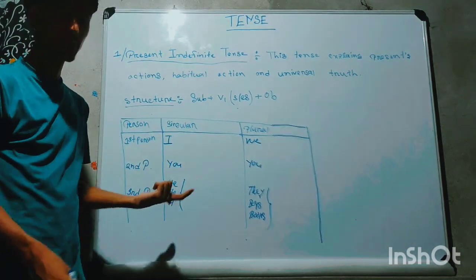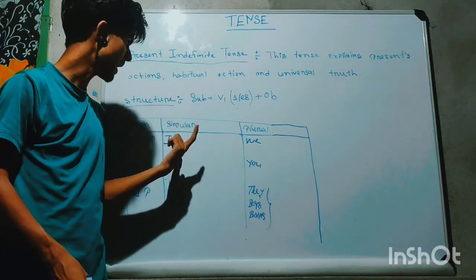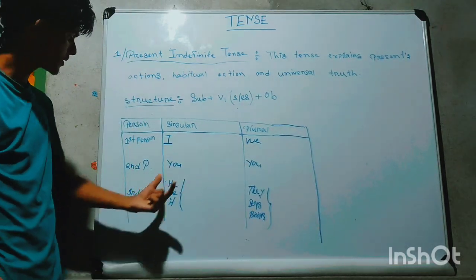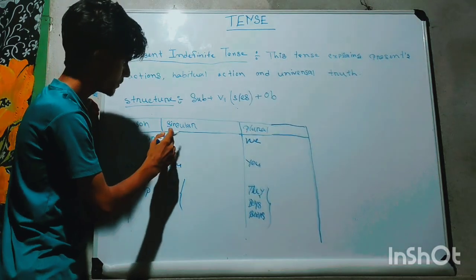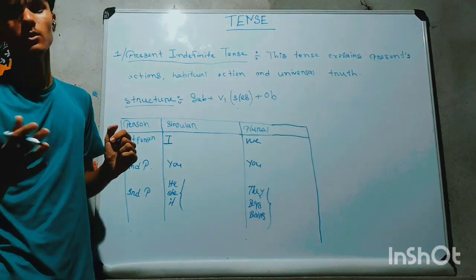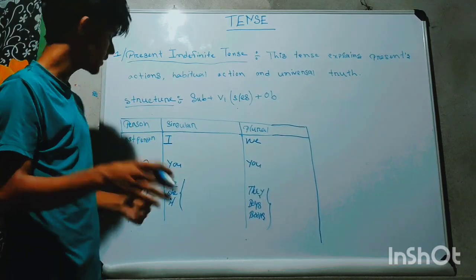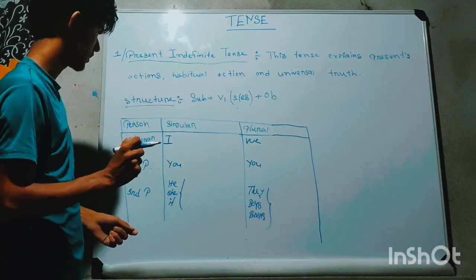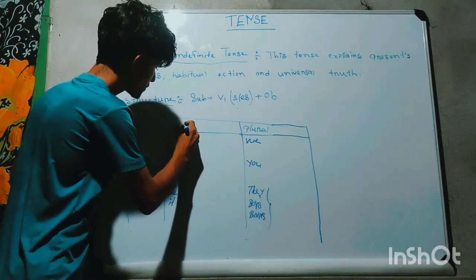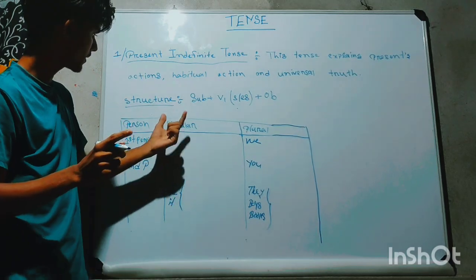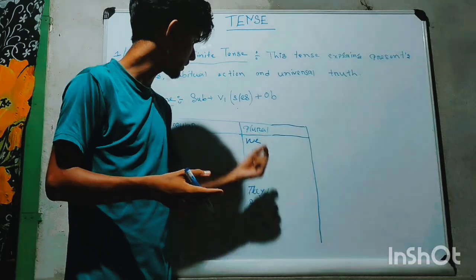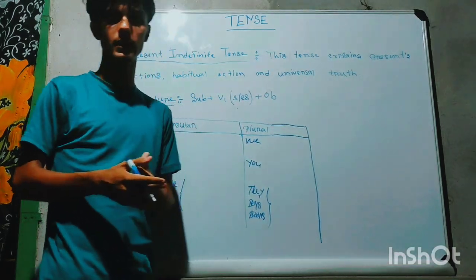There are three types of person. First person singular is I and plural is we. Second person is you. And third person: leaving aside I, we and you, whatever subjects are given are all considered third person. If the subject refers to a singular number, it is third person singular, and when it refers to a plural number, it is third person plural.